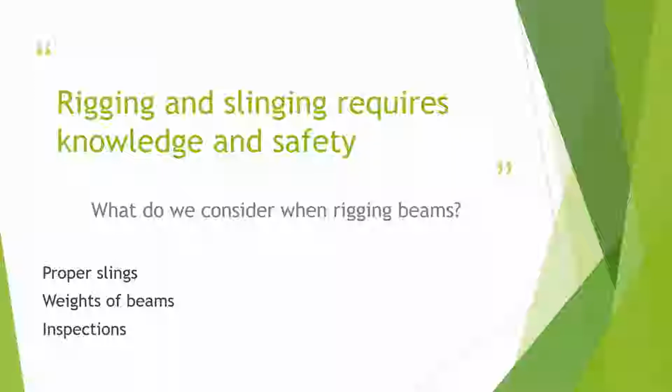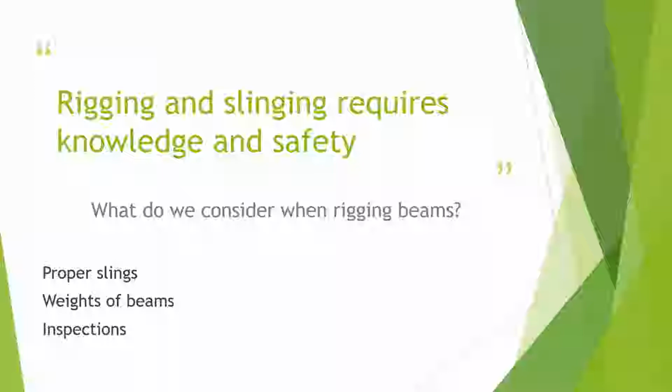So as a recap, the proper and safe rigging of these steel components is very important to ensure the safety of the workers. So the safety of the workers is very, very important. That is our most important job when we're working, is to keep everyone safe and to keep ourselves safe. We've got to consider that thorough inspection of our rigging equipment. We've got to properly select the rigging that's required, and we've got to know how to put that rigging on.